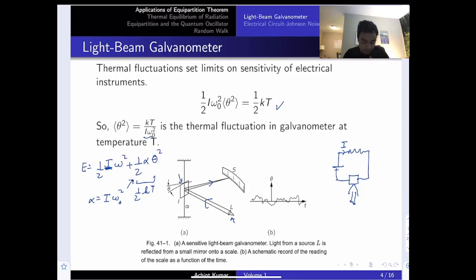So this tells me the magnitude of the thermal fluctuations in the galvanometer at temperature T, independent of any actual input, actual signal to the galvanometer. And this fluctuation is shown in figure B. Okay. So in this way, equipartition theorem sets limits on sensitivity of electrical instruments.